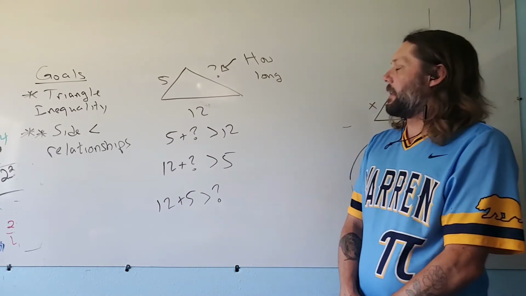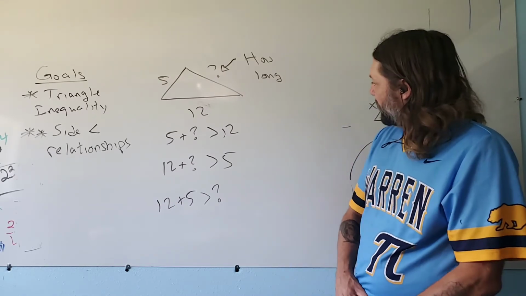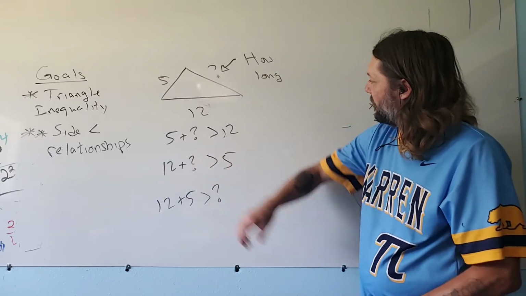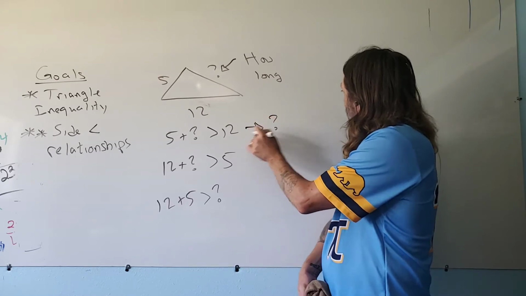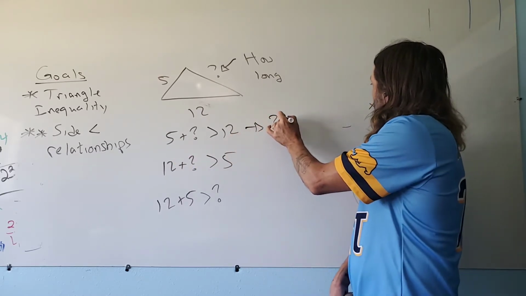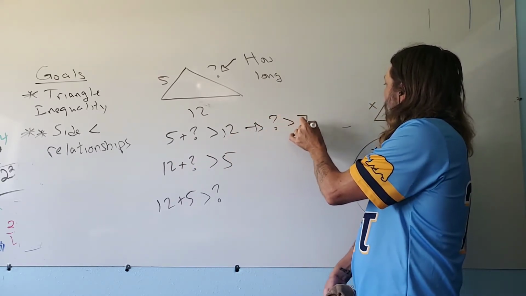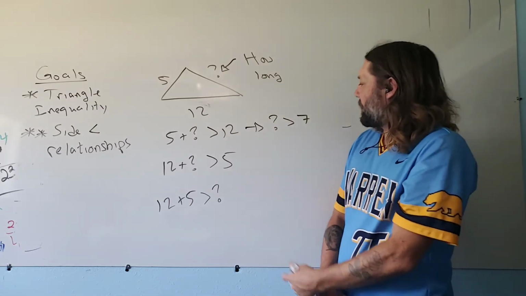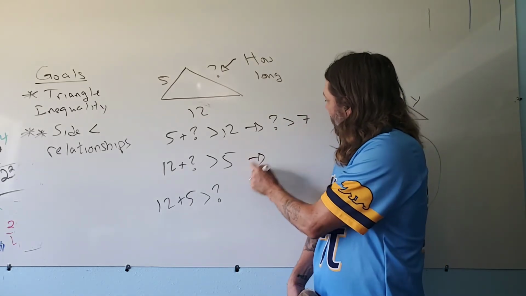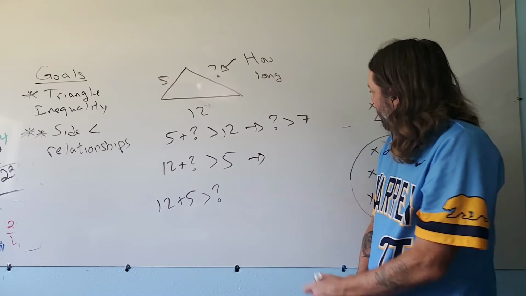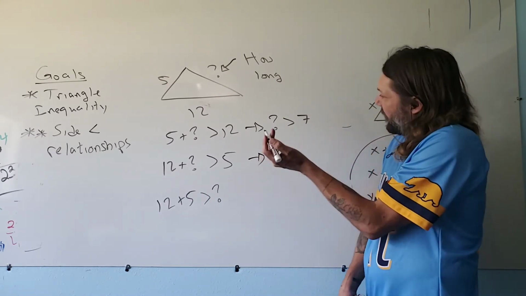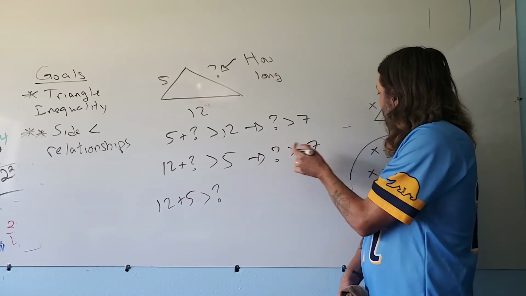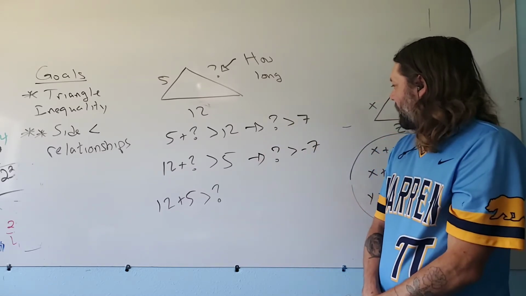If we isolate our unknown length here, I subtract 5 from both sides, and our unknown length must be longer than 7. This one's not going to make sense. This one's going to say that our unknown length has to be longer than -7, which doesn't really do anything.